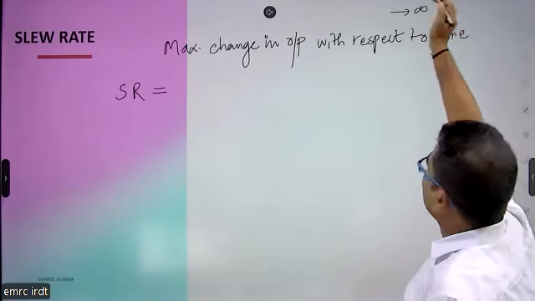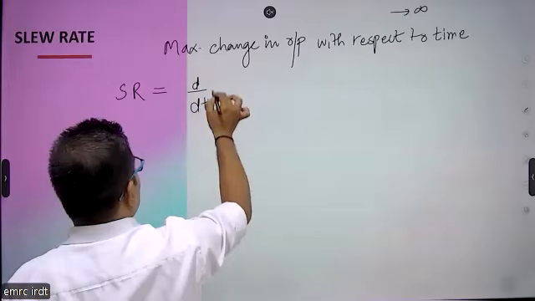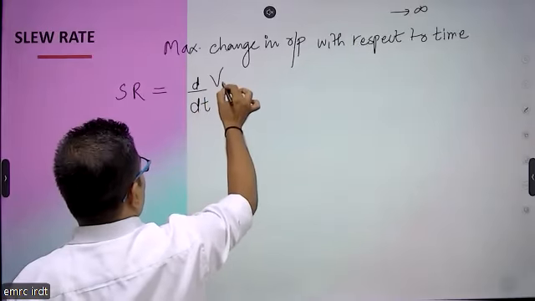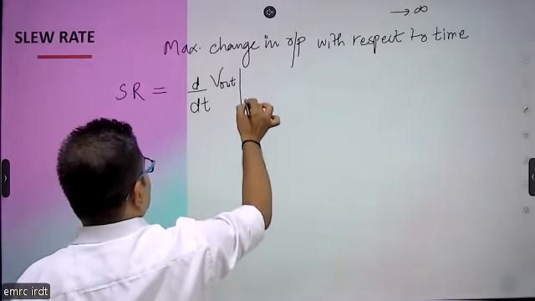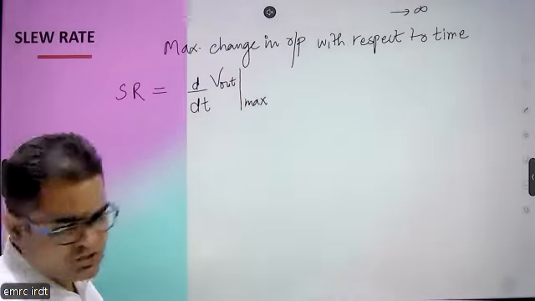Ideally, the value of slew rate is infinite, so we can write it as d by dt of V output, the maximum change. So this is the definition, the mathematical representation of slew rate.